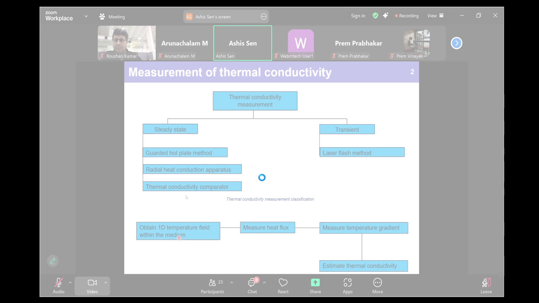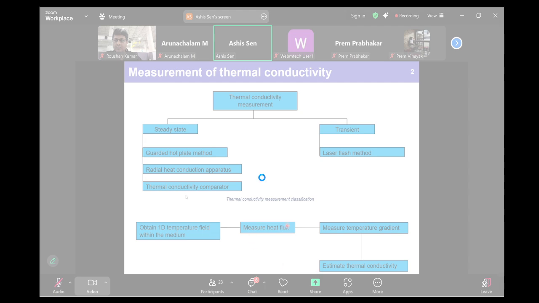Then if you know the temperature field, we can measure the temperature gradient. We also measure the heat flux, and knowing the heat flux and the temperature gradient, we can estimate thermal conductivity.